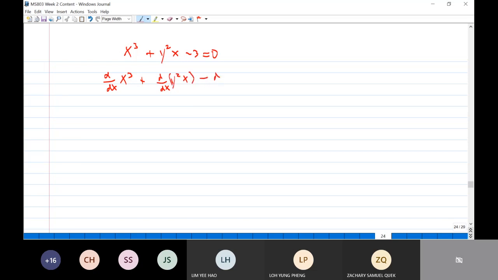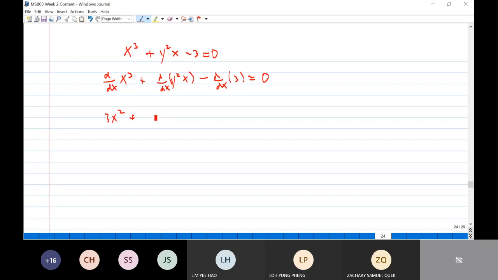So differentiate 0, equals 0 here. Differentiate everything with respect to x, you get 3x squared here. This one is tricky now because y is a function of x here. So use the product rule first.